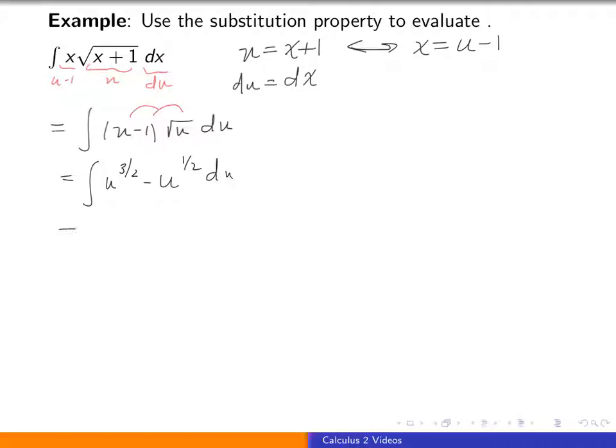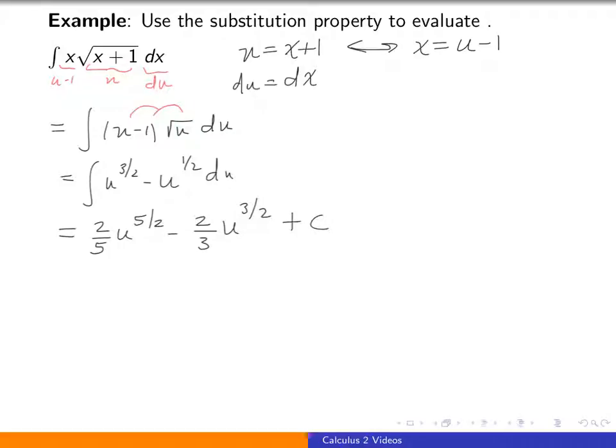And then anti-differentiating term by term, 2/5 u to the 5/2 minus 2/3 u to the 3/2 plus c. And you want these more familiar antiderivatives just to become almost second nature to us.